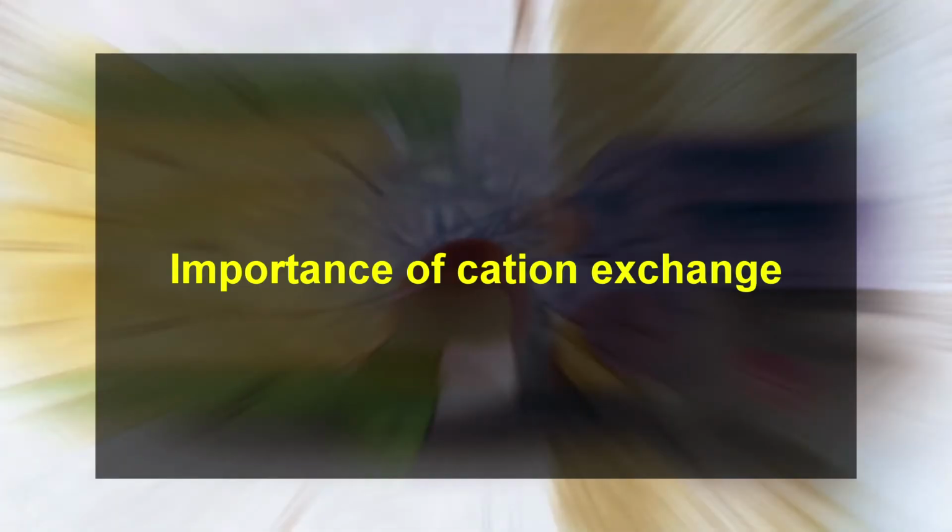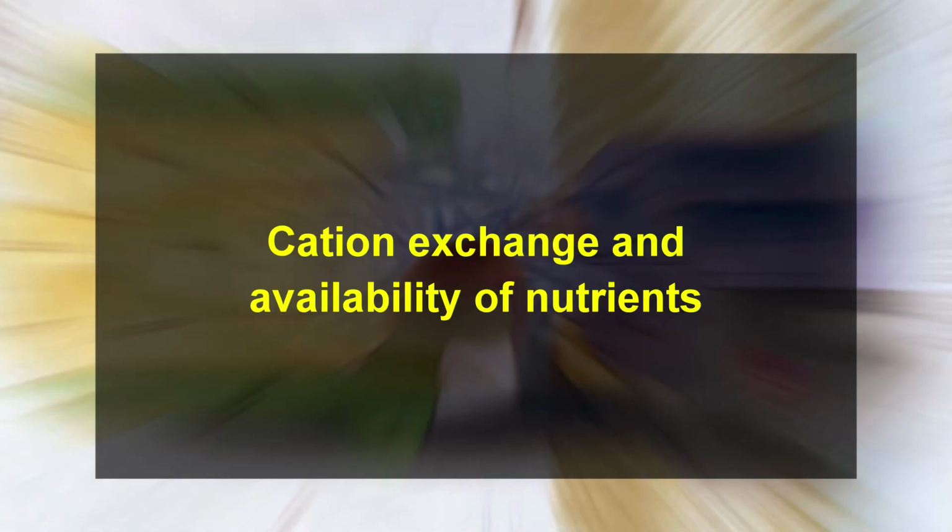Importance of cation exchange capacity. Cation exchange is an important reaction in soil fertility, in correcting soil acidity and basicity, in altering soil physical properties, and as a mechanism in purifying or altering percolating waters. Cation exchange and availability of nutrients. Exchangeable cations generally are available to both higher plants and microorganisms.